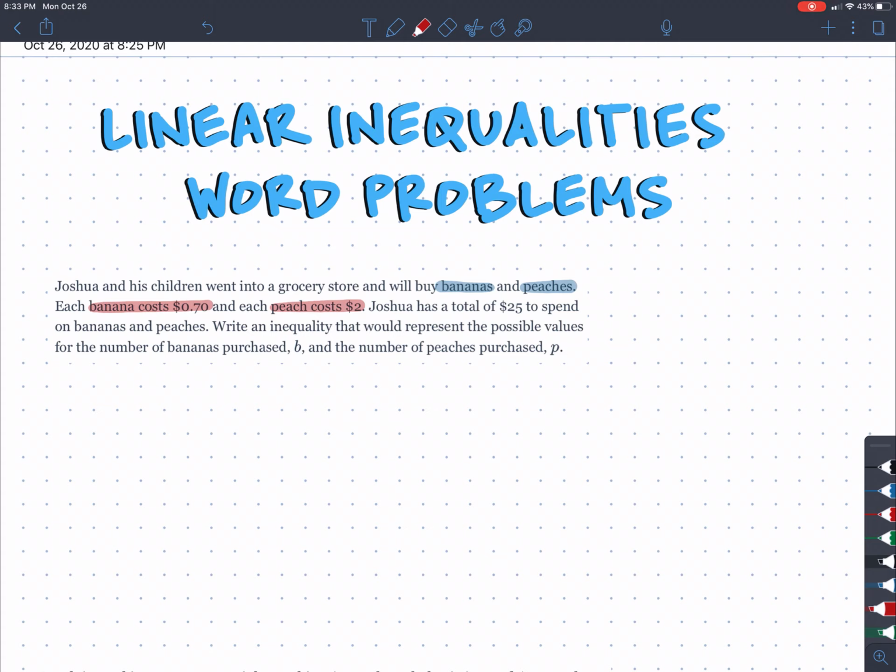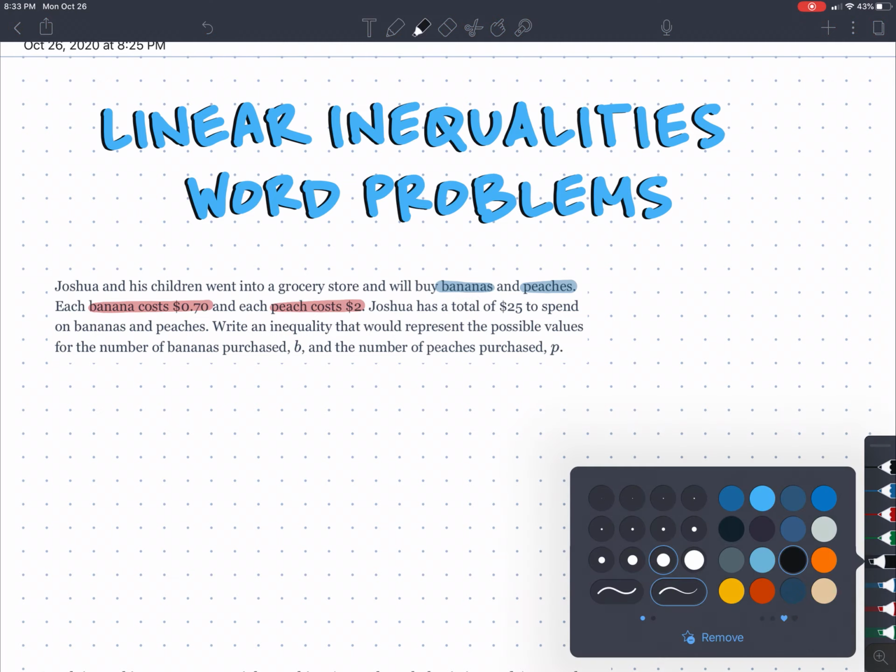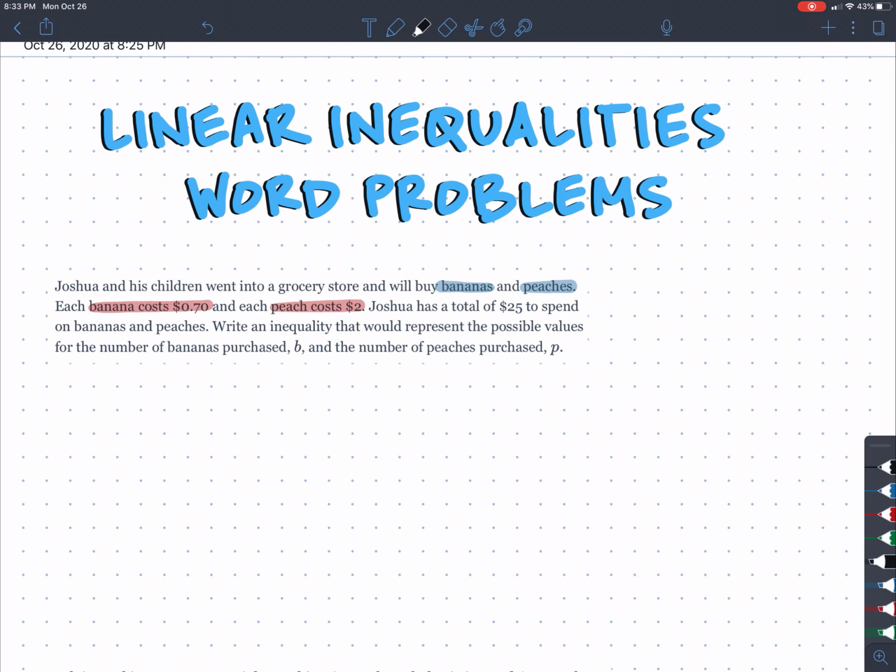Joshua had a total of $25 to spend. Let me actually make that highlighter a little smaller so we can see. Had a total of $25 to spend. And we want to write an inequality that would represent the possible values for the number of bananas purchased and the number of peaches purchased.